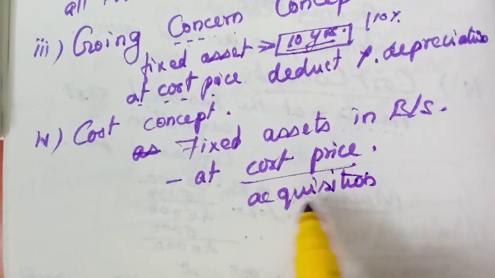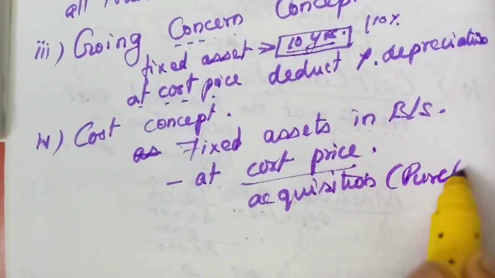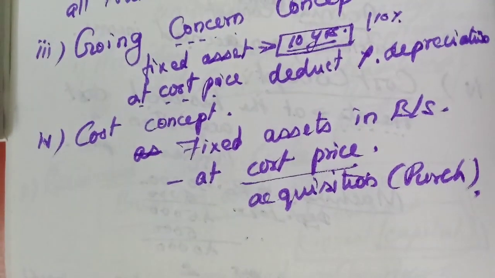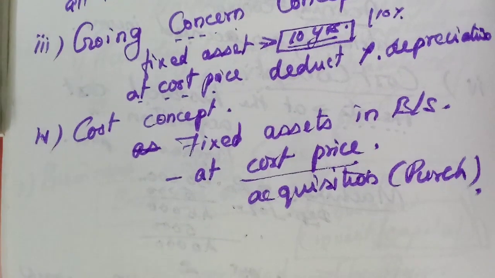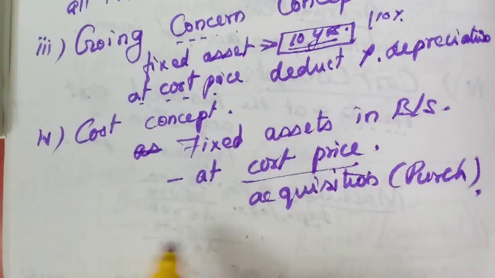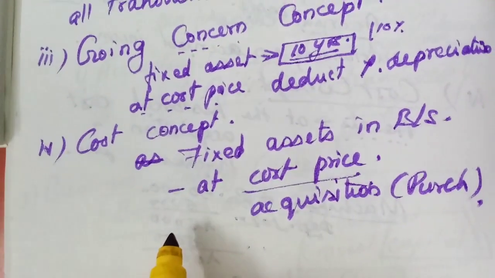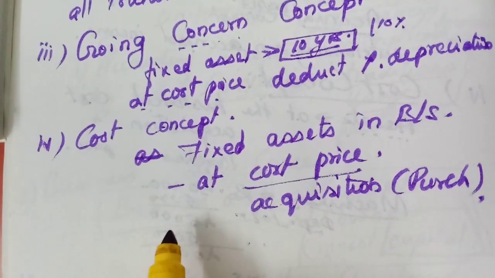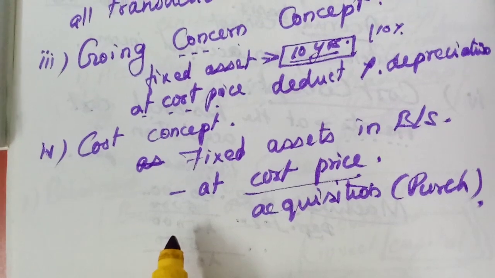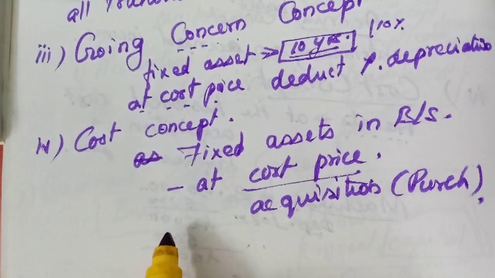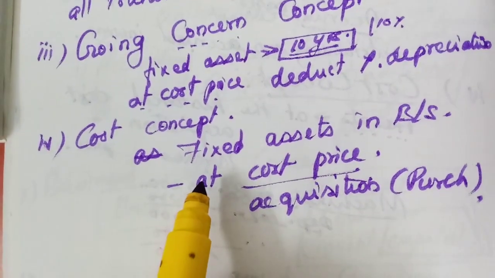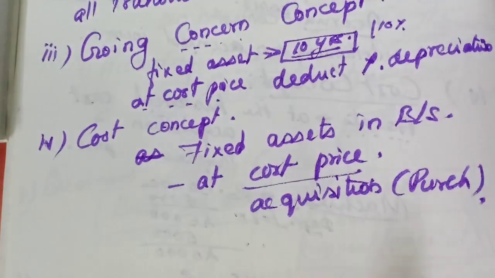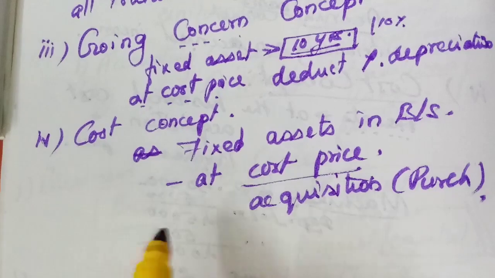Acquisition price means purchasing price. We never record it at the market price. If we go to the market today to sell that asset, how much we can realize, that we never consider, but we enter in the books of accounts the value of fixed assets only at its cost price. Okay, that is the cost concept.